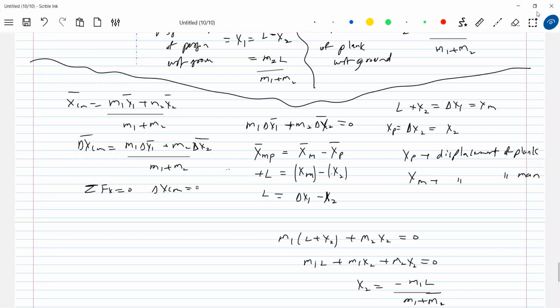Xm is delta x1. Xp is delta x2. So I think there are two approaches. Directly take help of this formula approach, or sometimes you have to draw a diagram, look at initial position, final position, and work it out. So you should practice either one.